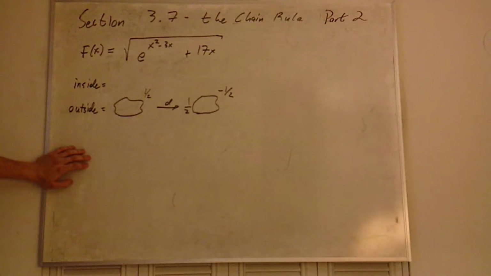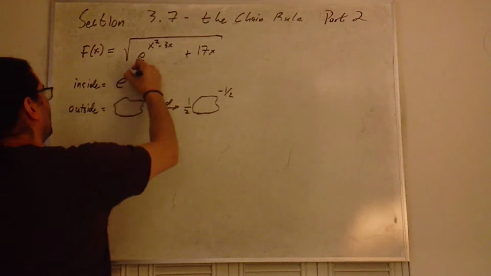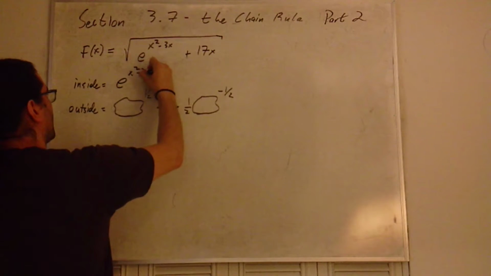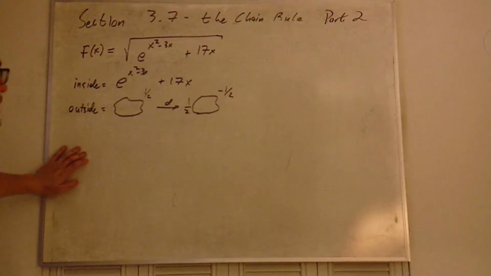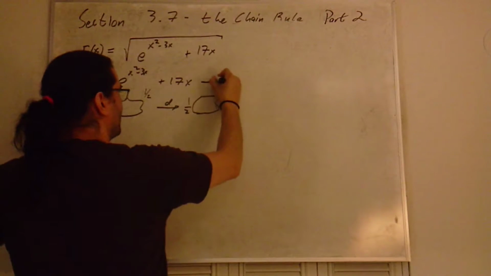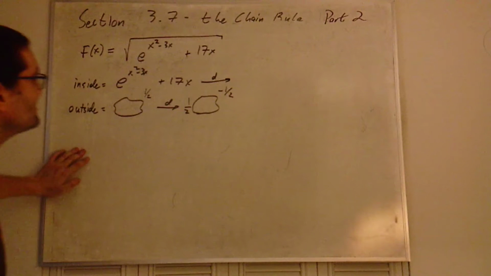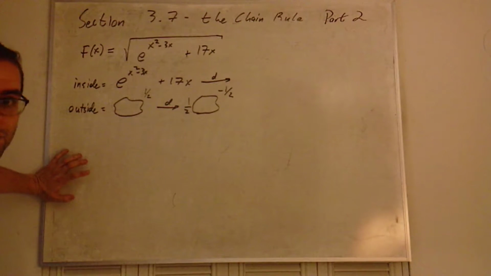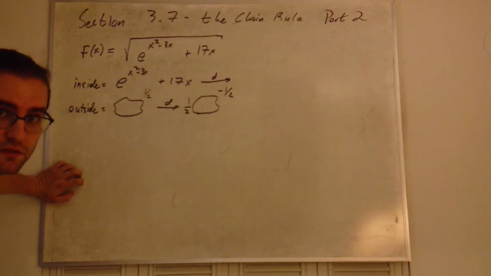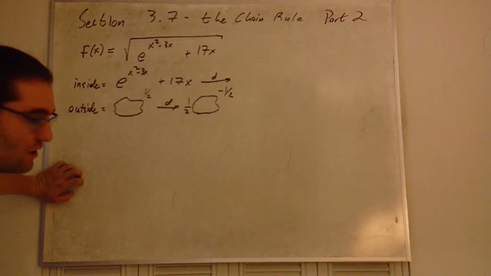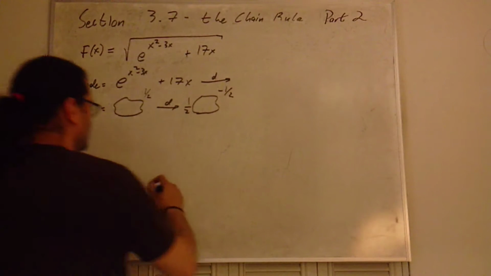The inside function is e to the x squared minus 3x plus 17x. And the derivative of that is another chain rule problem. We got chain rules inside of chain rules. It's all compounded together. So let's come down here.